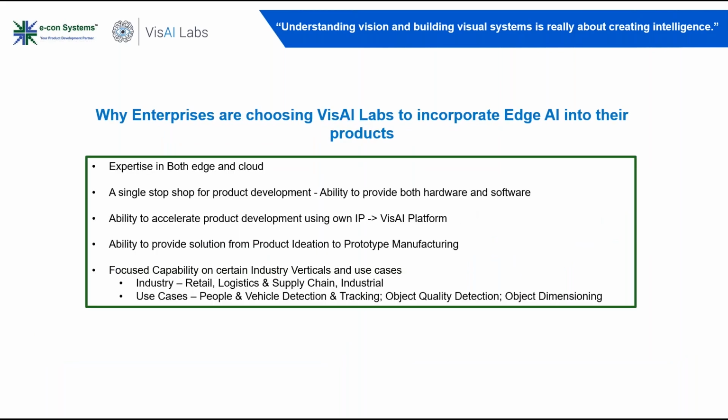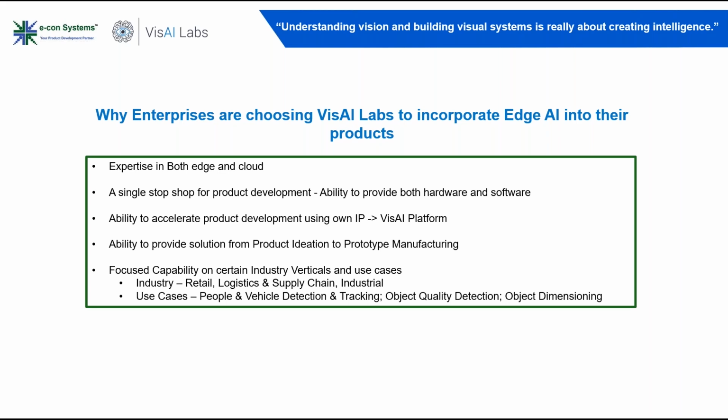So in the end, this is to explain to you, if you're thinking of building an edge AI solution or a computer vision solution, why enterprises are choosing Visai Labs in computer vision and Econ Systems: because we have expertise in both edge and cloud.